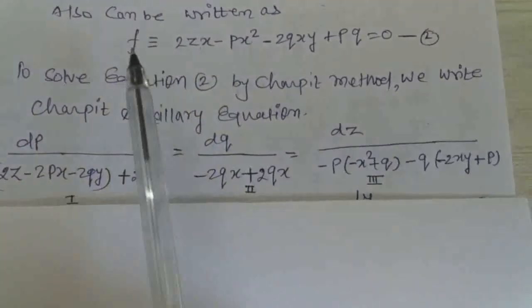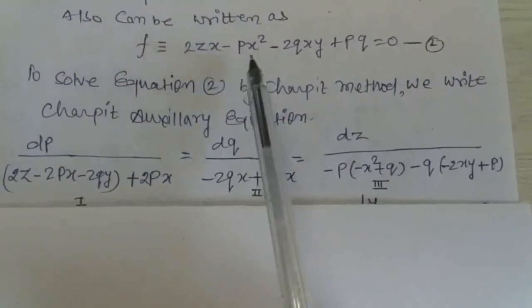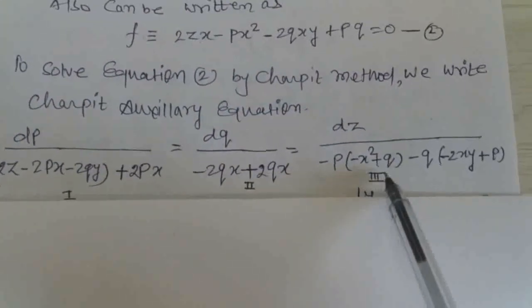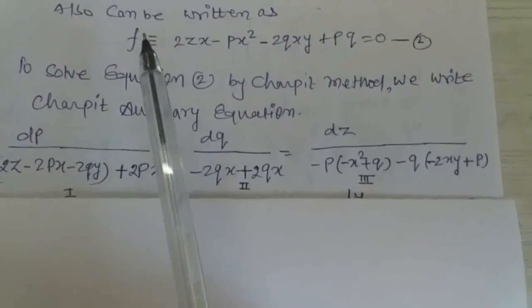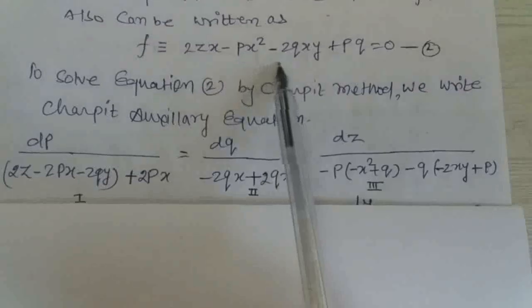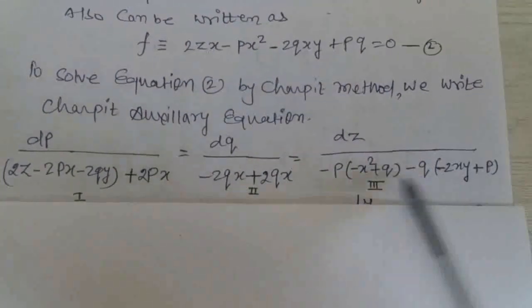Del f by del p, the partial derivative of f with respect to p, gives minus x square plus q, minus q del f by del q. Del f by del q, the partial derivative of f with respect to q, gives minus 2xy plus p.